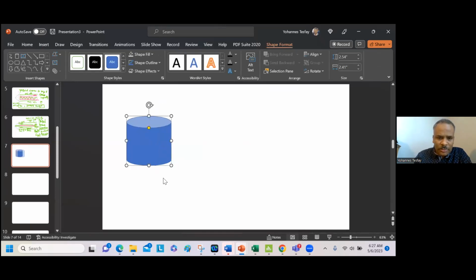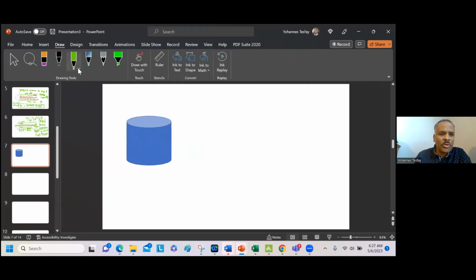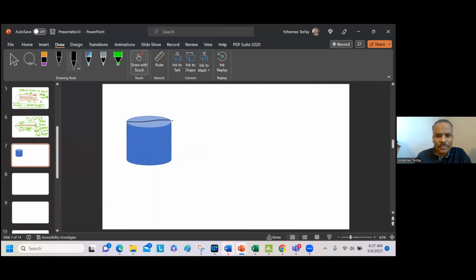So now, when you have a cylindrical object like this, one of the dimensions that we want is the diameter, from here to here. Let's say that's the diameter.